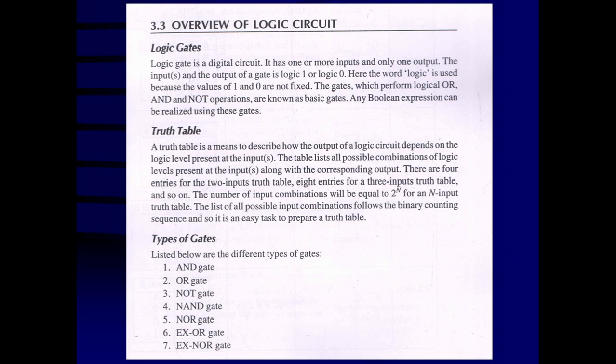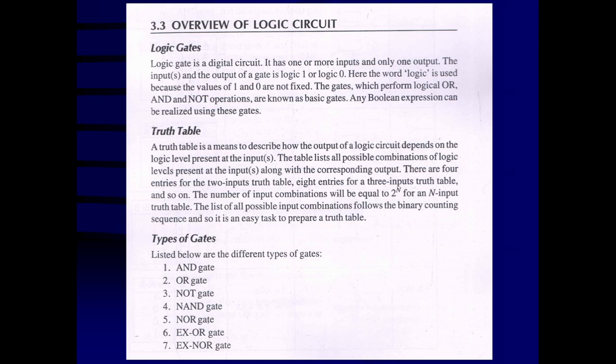And corresponding to each combination, the required output of the circuit is called the truth table. So a truth table is a means to describe how the output of a logical circuit depends on the logic levels present at the inputs. The table lists all possible combinations of logic levels present at the inputs along with the corresponding output.